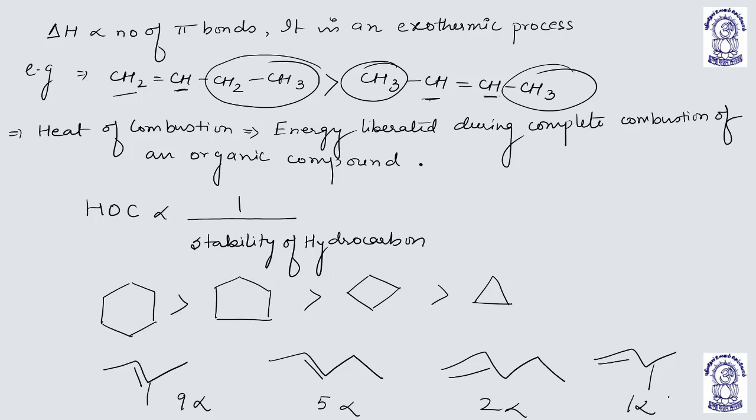Which is having more alpha hydrogen, then heat of combustion will be less. So if this is D, C, B, and A, the correct order will be D, C, B, and A. These are the relative orders of heat of combustion and heat of hydrogenation.